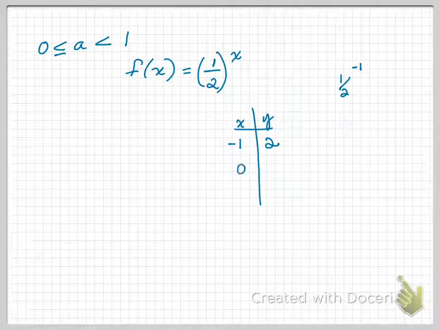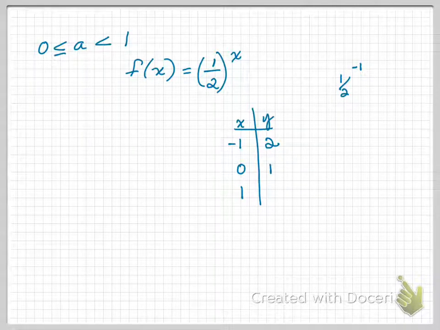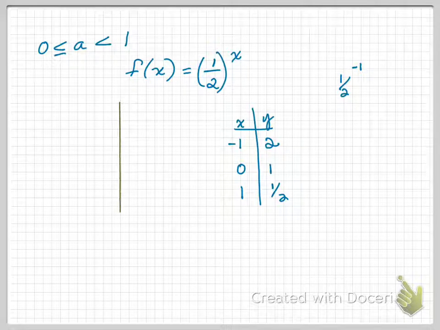Then we have 0. Well, 1/2 to the 0 is just 1. And then we'll do 2. Well, let's just do 1, will be good. All right, and so that'll be 1/2. So as you graph, get yourself a graph going here.